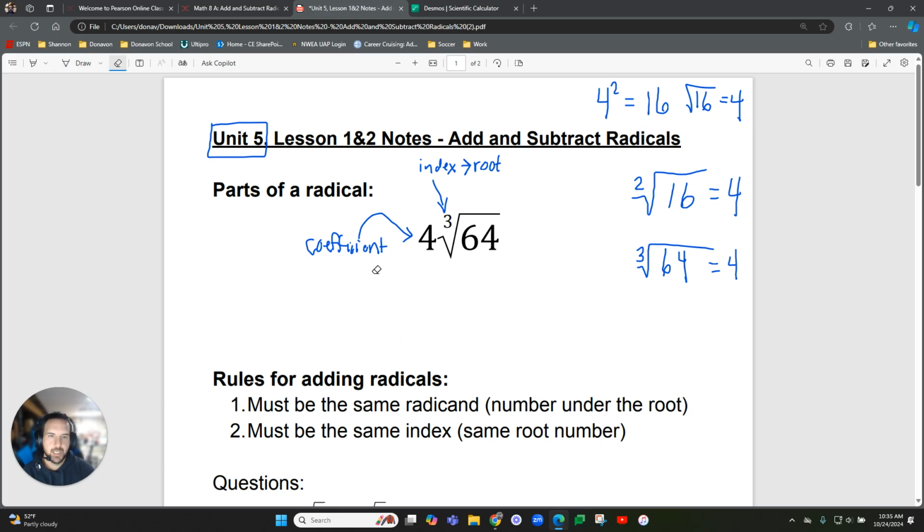Okay, and the last part that we have is this number underneath, called the radicand. That's the number that we're taking the root of. In this case, it would be the third root of 64. That is called the radicand, not the radical. Whoops. Radicand. All right.